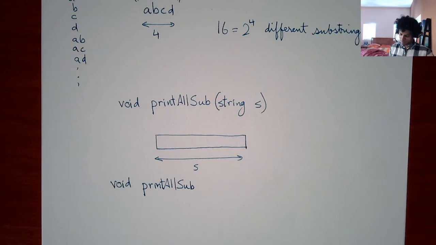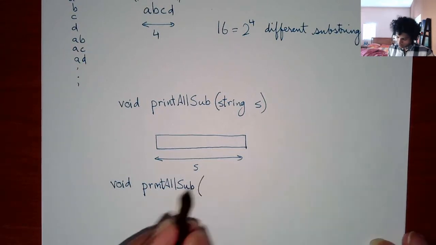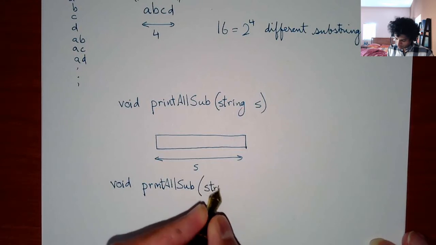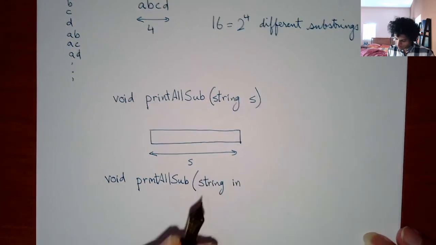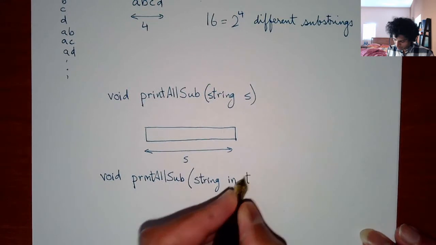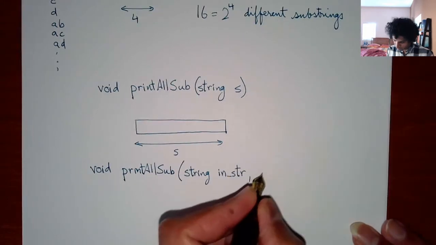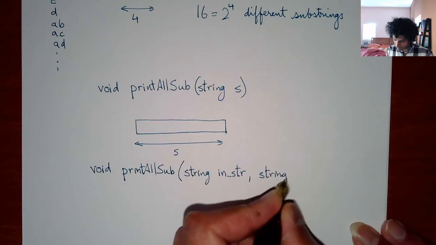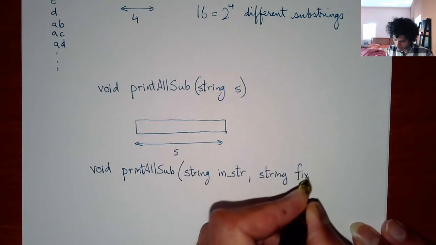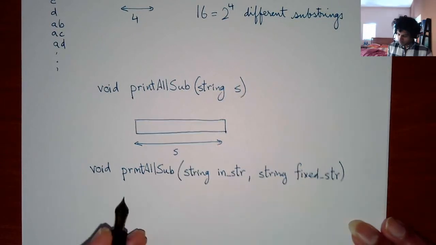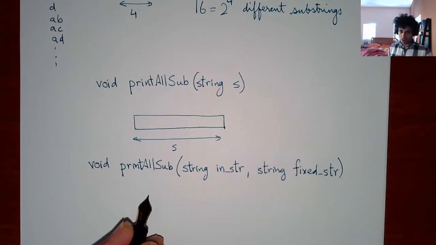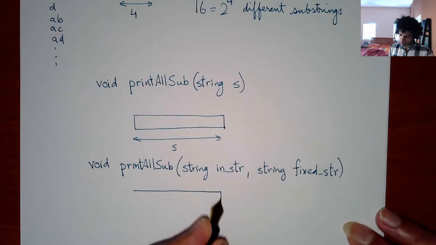Okay. So I'm going to create another function. This is the recursive function that takes the input string and the fixed string. So the way the recursion is going to work, here's how I want you to think about it.